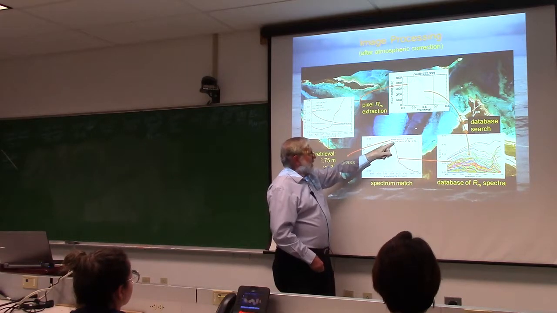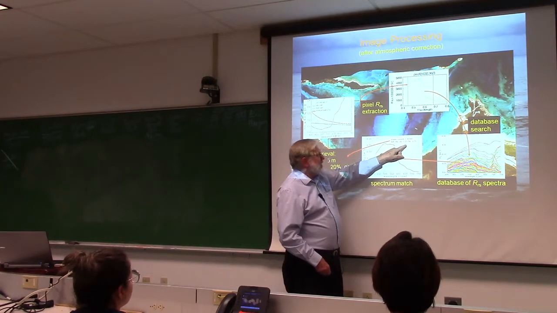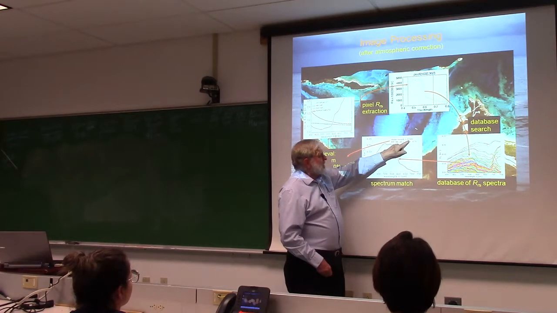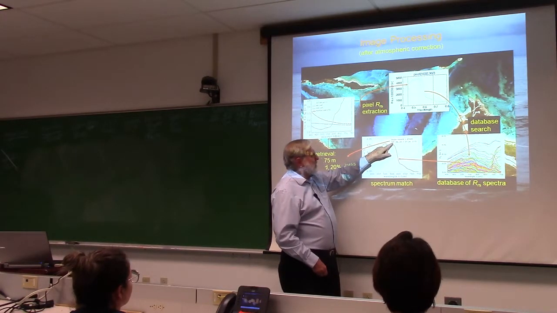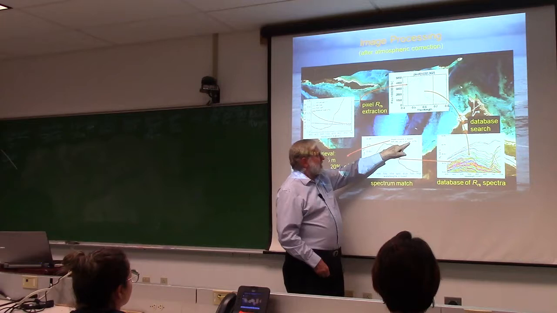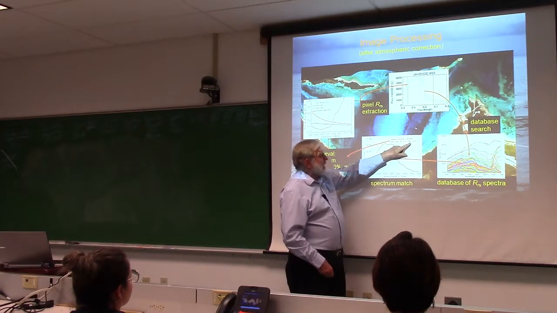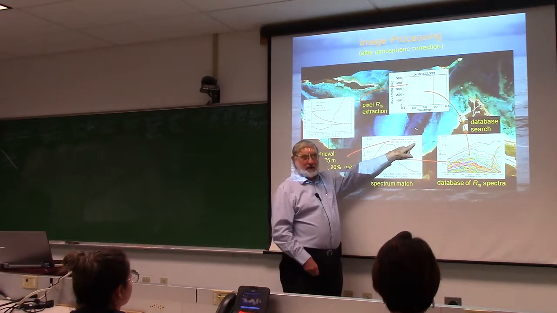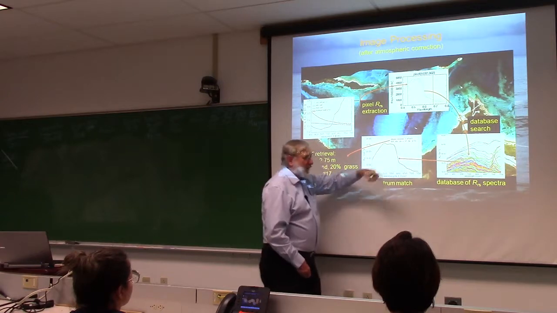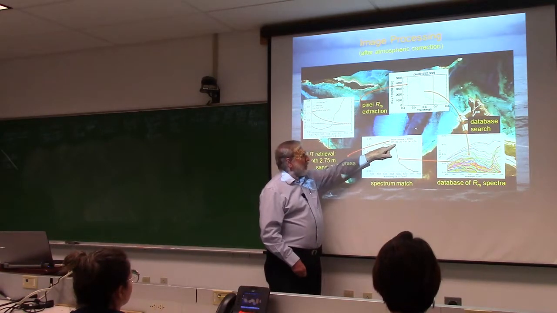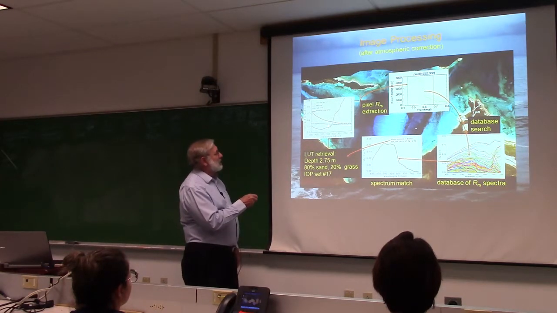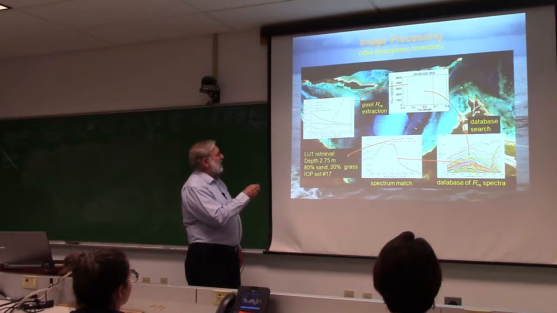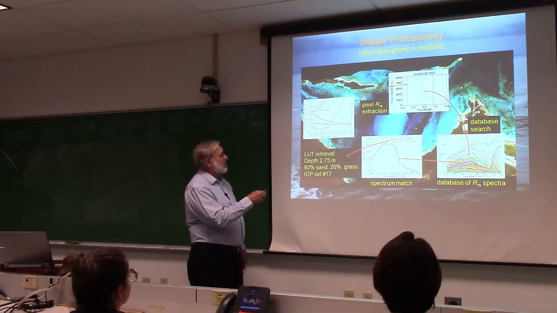And then you look in your little database and it says, oh, that's spectrum number 87,085, which was IOP set number 17, bottom reflectance number 34, and bottom depth was 2.75 meters. Then you go back to the database and ask, what was IOP set number 17? Here it is. There's absorption, including water, scattering, and then backscatter times 50, so you can see it.